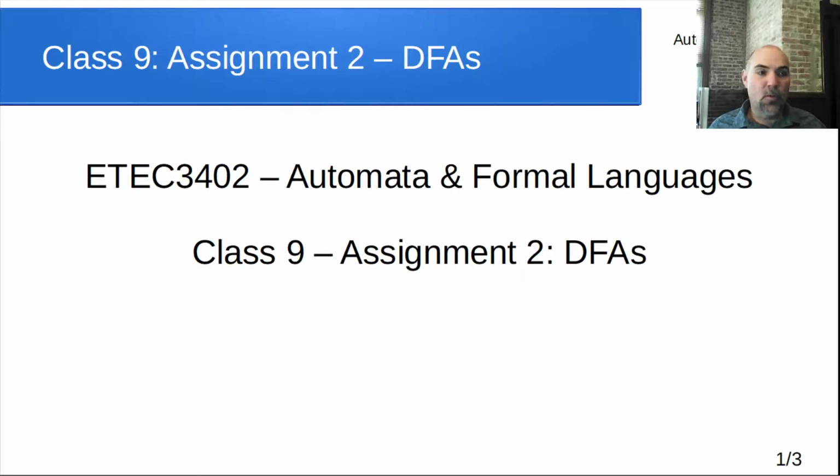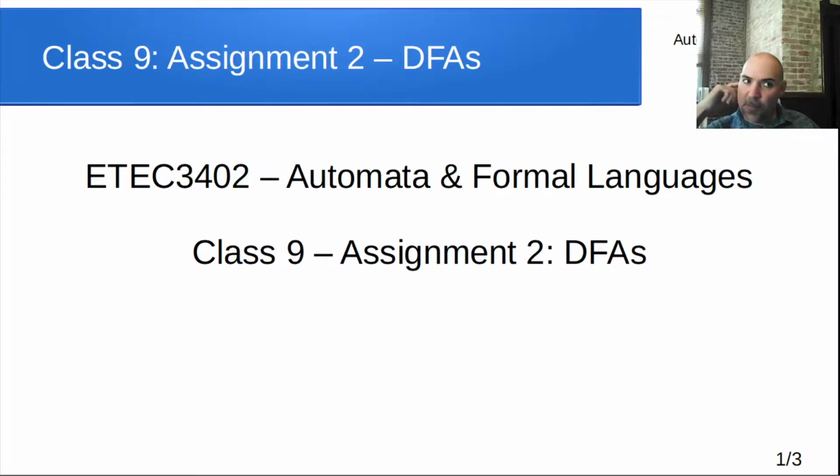For the quiz, things you should study: Cartesian product, meaning the one set crossed with another set, producing pairs of items. The other thing I want you to look at is graphs and the definitions of a walk versus a path versus a simple path versus a cycle versus a simple cycle.